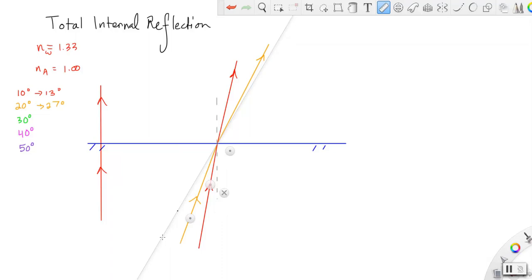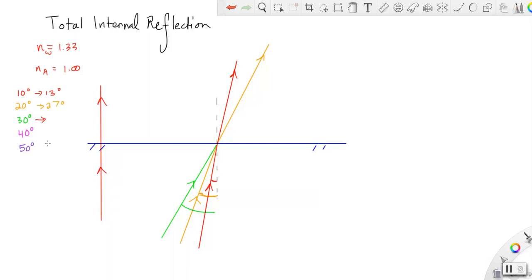So I'm going to draw this one here. And if it's helpful, when we draw that ray, we can also begin drawing our angles here, so that it's a little clearer what we're doing. So there's the orange, and then there's the red. Okay.